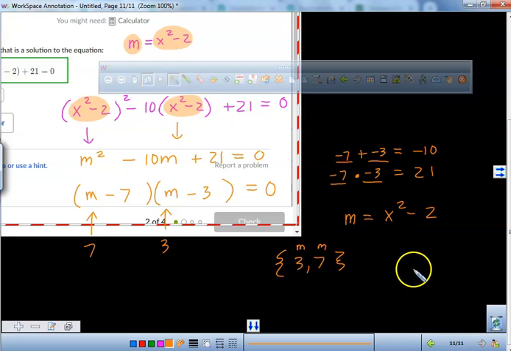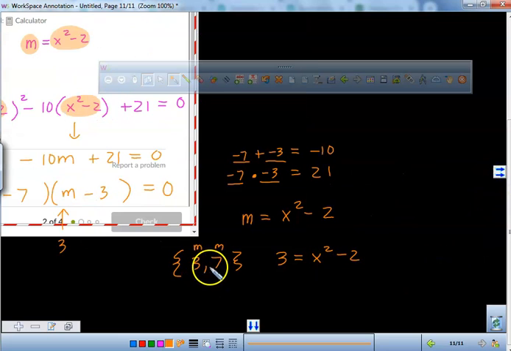So which one do you want to use, a 3 or a 7? 3? Okay. 3 equals x squared minus 2. What else could you say? You could also say 7 equals x squared minus 2.